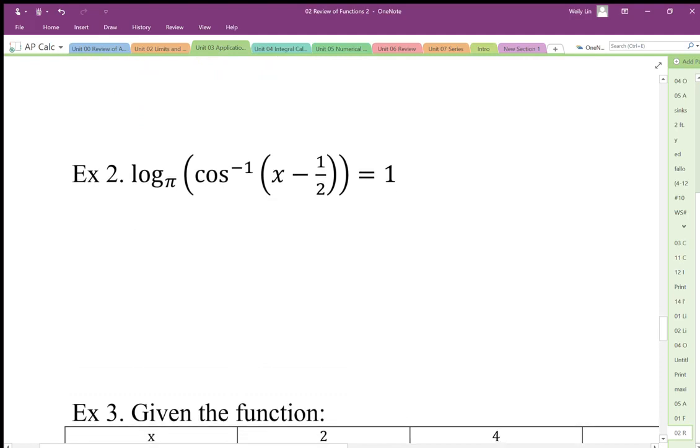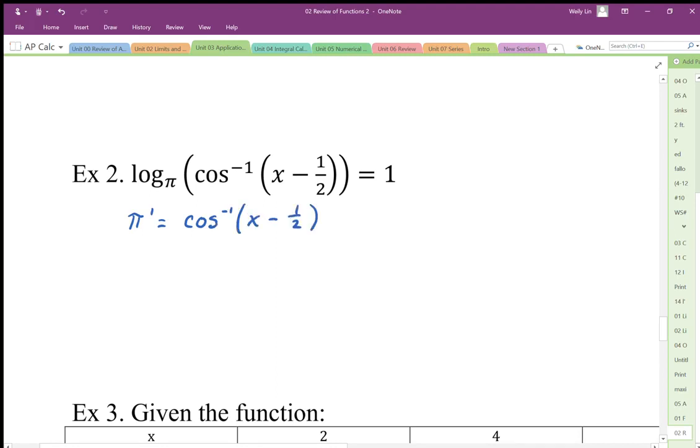Okay, for this one here, we can undo the log. We're going to undo logs using an exponent. So we end up with pi to the power 1 is going to be equal to the arc cos of x minus 1/2.